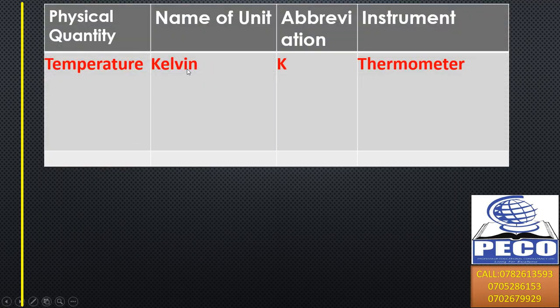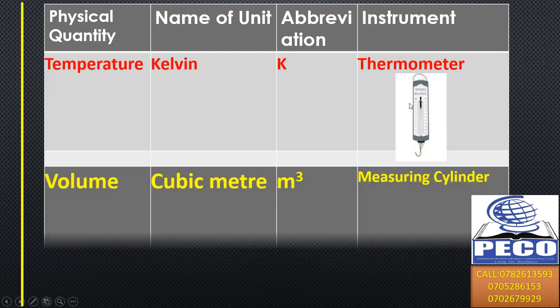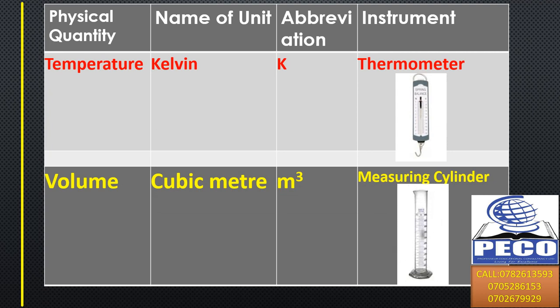Temperature is measured in kelvin, the SI unit, and K is the abbreviation. Of course, you know that we use a thermometer. There's a mistake here, this is a spring balance. We use a thermometer. Then we have volume, cubic metre, and we use an instrument called a measuring cylinder.